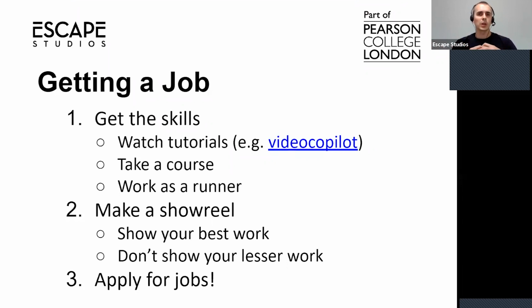But also very importantly, and something that I have to stress to my students as well, because when they study here, they make shots and they make the show reels, and after they study here, they stay around for a little bit longer making the show reels.